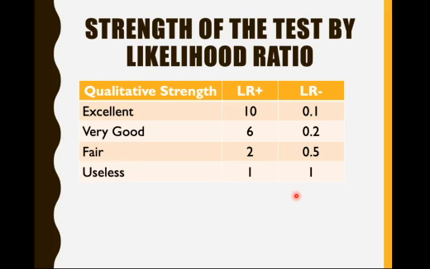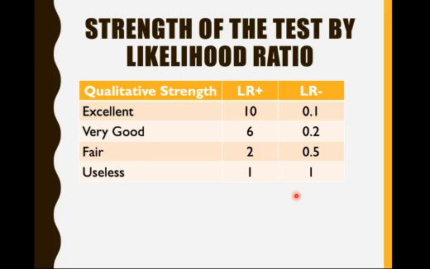Again, if the false negative is equal to the true negative, so the numerator is equal to the denominator, the likelihood ratio should be equal to 1. So the answer to my question, when do we get a 1 for likelihood ratio positive and likelihood ratio negative, is when the numerator and the denominator are the same.